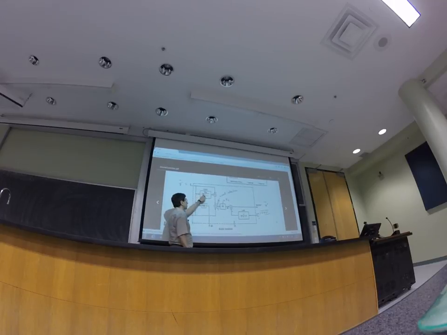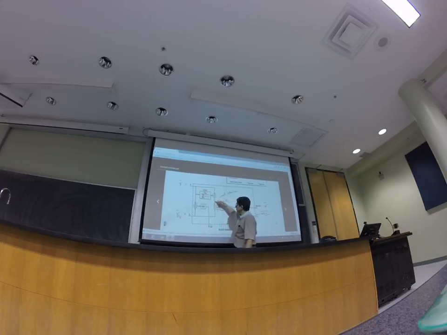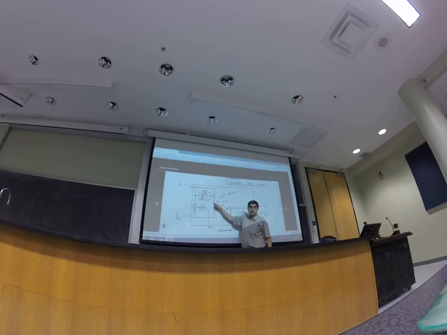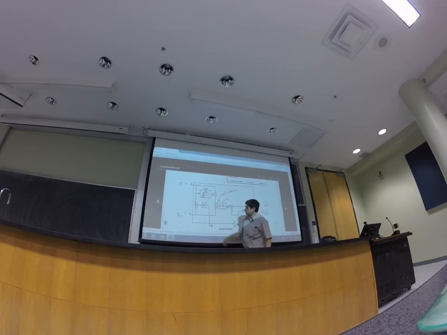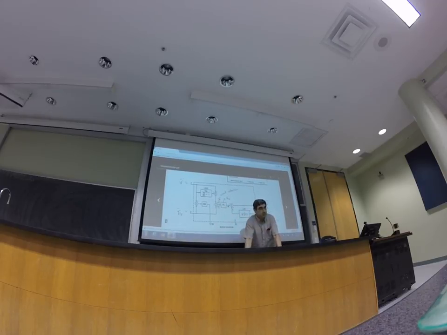Because tau d is 0, what comes out of here? 0. So this is y prime bar plus 0. I have y prime bar coming here. On this side, I have y prime bar set point. If it's plus and minus, what's the result? The error, set point minus measure.